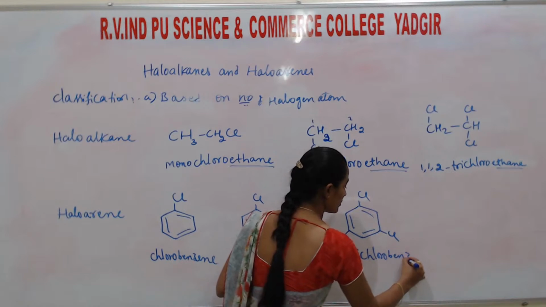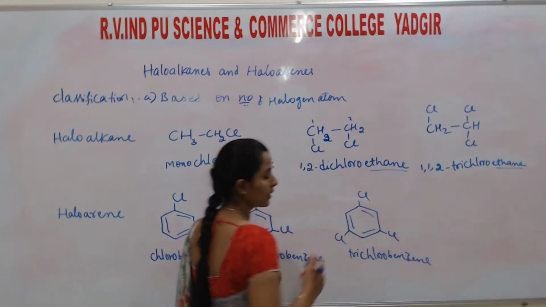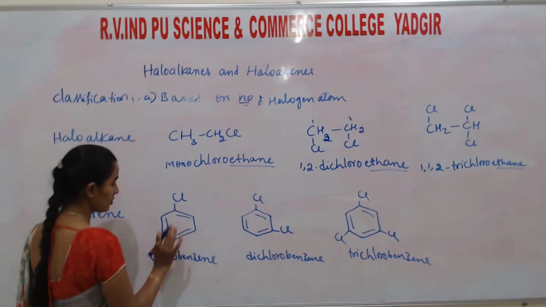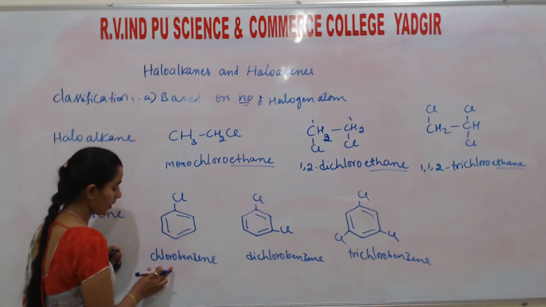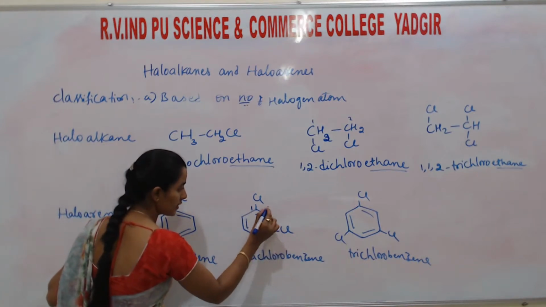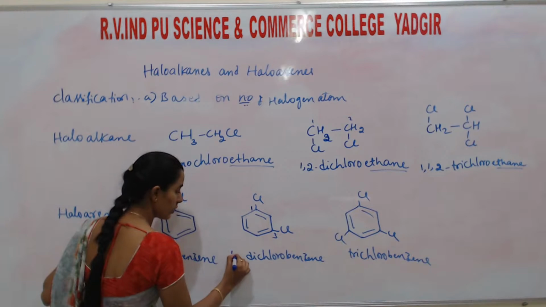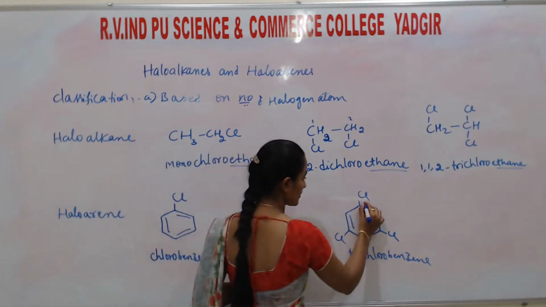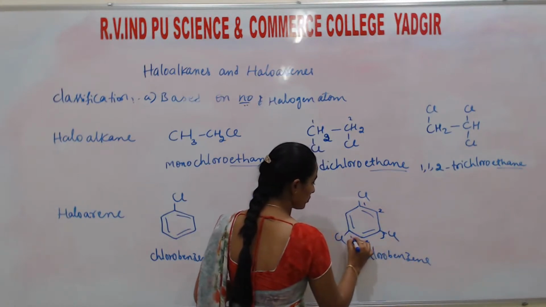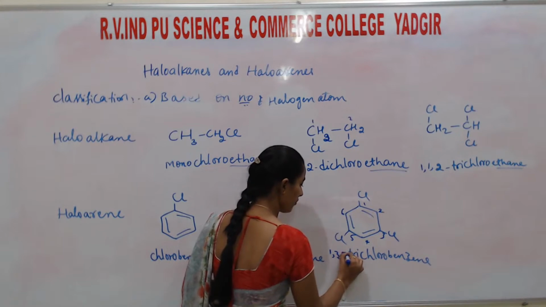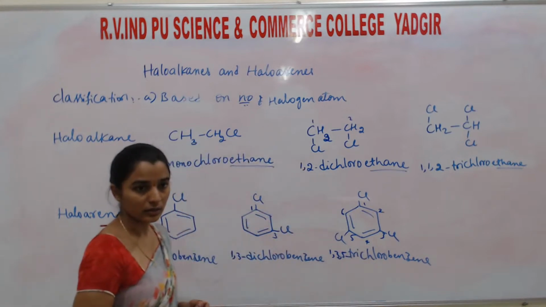Here also the parent chain remains the same, only the number of halogen atoms changes. So here at 1 position, nothing to worry about; this is chlorobenzene only. But with respect to this, this is first, this is second, this is third, means 1,3-dichlorobenzene. With respect to this, first, second, third, fourth, 5 and 6, that is 1,3,5-trichlorobenzene.